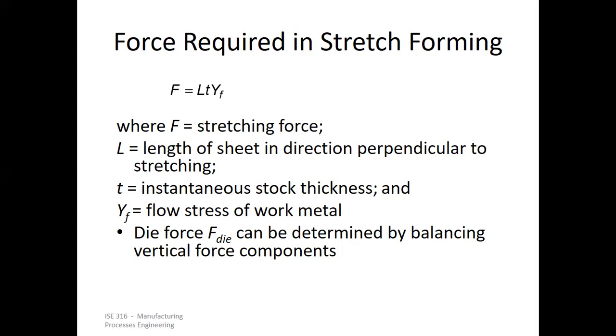If you balance those units, YF is flow stress, basically Newton per mm square, then T thickness would be in mm, and L is also in mm because it's a length. So mm square into Newton per mm square cancel, and you get F. So that's how we get that force when it comes to stretch forming.